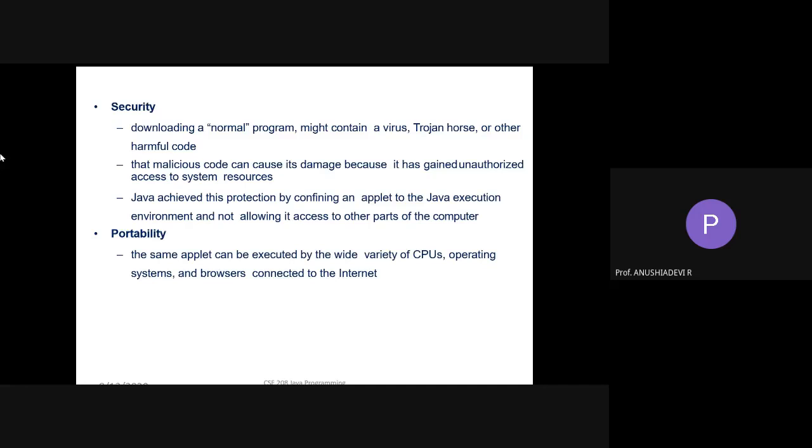But the applet program does not have unauthorized access. Java achieved this protection by confining an applet to the Java execution environment and not allowing it access to other parts of the computer.